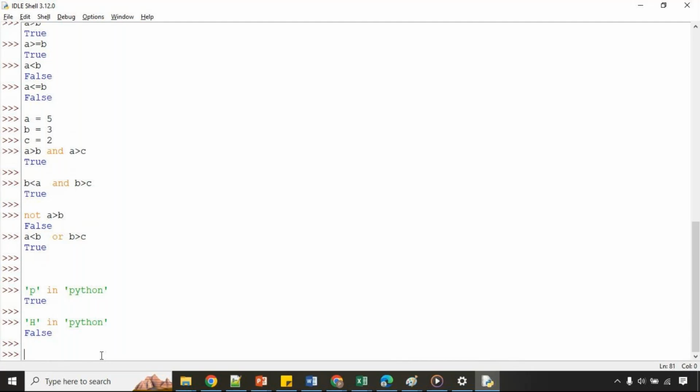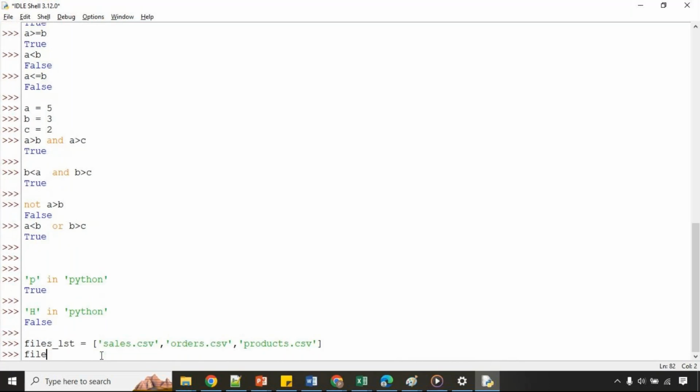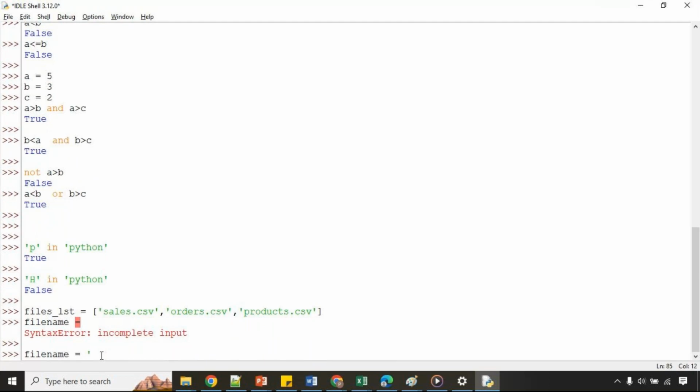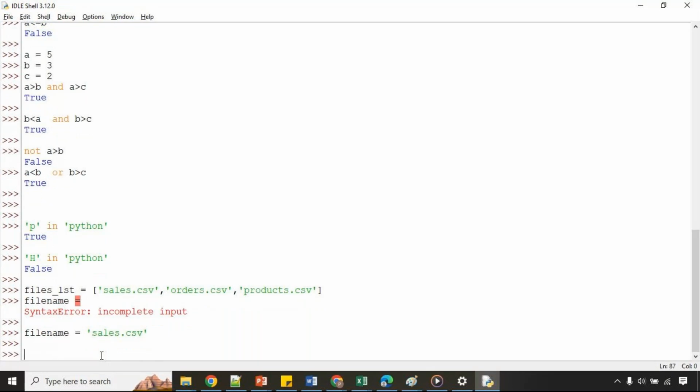I have a list of files, and I would like to check whether the file is there in the list or not.